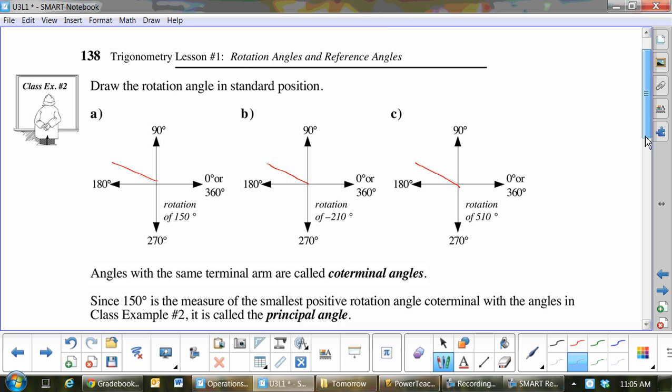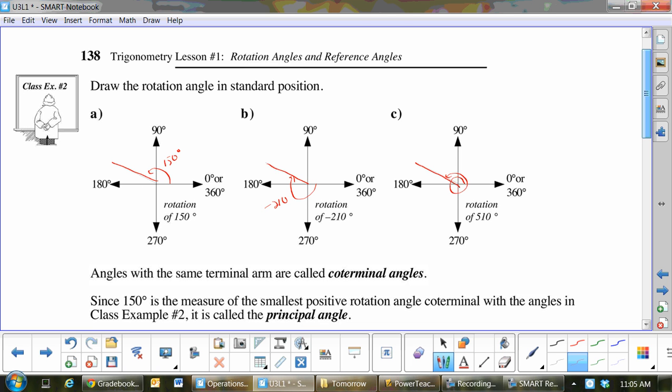But we can call them different things. We could call it 150. Right? That is the positive rotation. We can also call this negative 210. Because when you go the other way, that is a negative. Write this stuff down. You also can go like this.